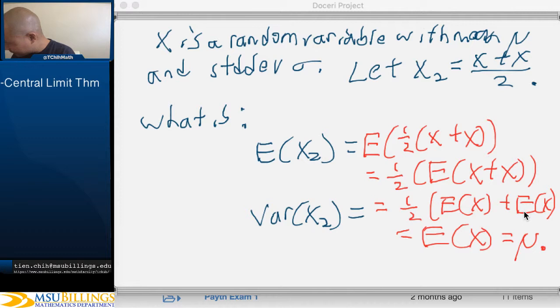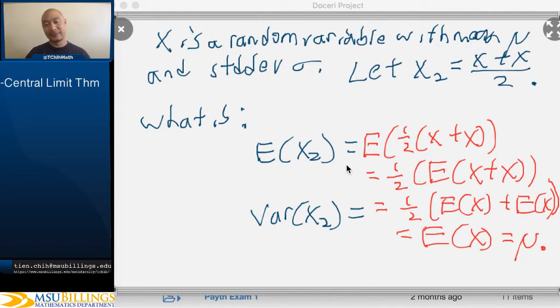Then 2 E of x's times 1/2 gives me 1 E of x, and the expectation of x is mu because we said that the mean was mu.